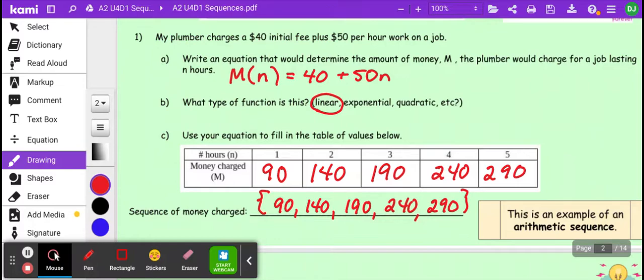And this example is an arithmetic sequence. So now we've hopefully made the first connection. Linear functions are what we call arithmetic sequences. Now think about that. How did we get to the next value of our sequence? In this case, hopefully you're thinking we added 50.